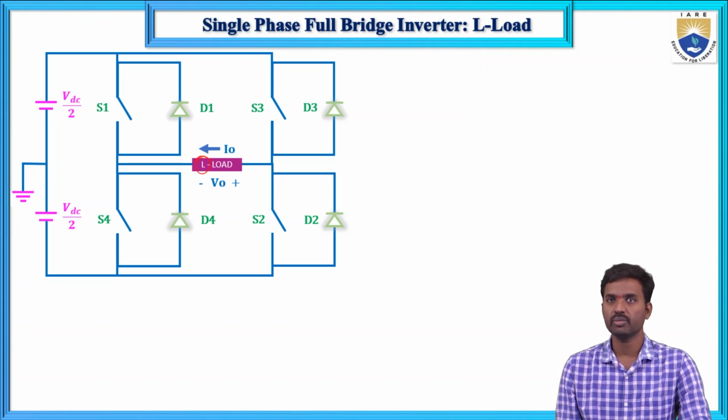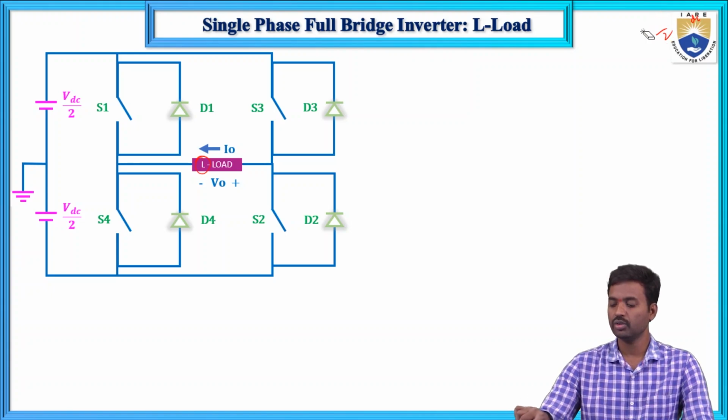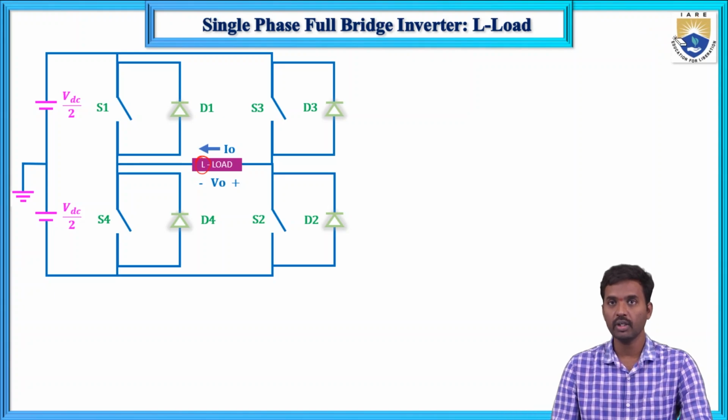Same type of waveforms as single phase half bridge inverter with R load, L load, RL load, RLC type of load. But here the output voltage is VDC by 2 for the half bridge inverter and VDC for the full bridge inverter. That is the only change. So that I will explain from 0 to T by 2.